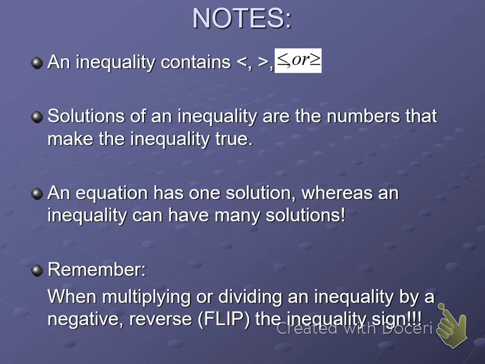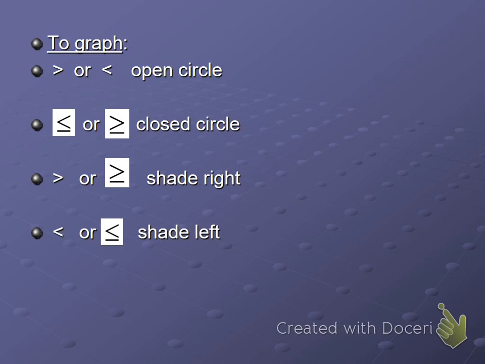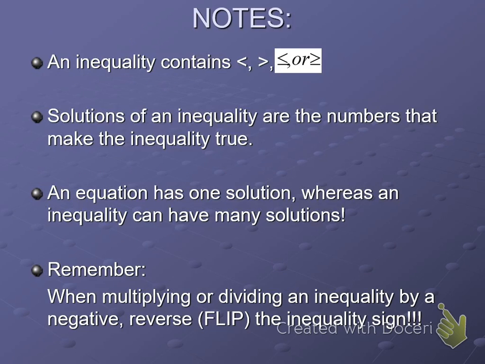An inequality contains the symbols less than, greater than, less than or equal to, or greater than or equal to. Solutions of an inequality are the numbers that make the inequality true.